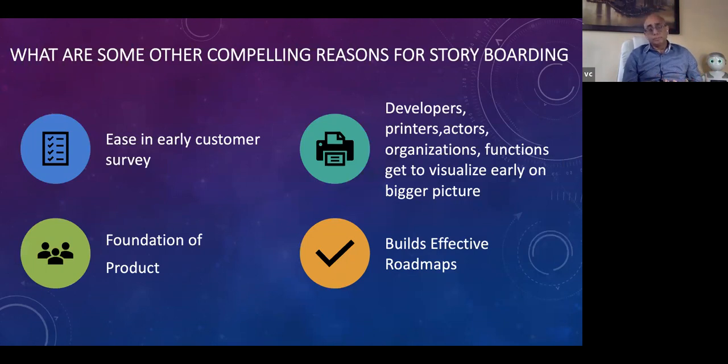So for example, it also creates a foundation of a product. Foundation means that you have built a core foundation of the product, but you can iterate through the process and you can build derivative product lines around it if it is successful. So for example, Colgate has toothpaste, right? The toothpaste is the same.